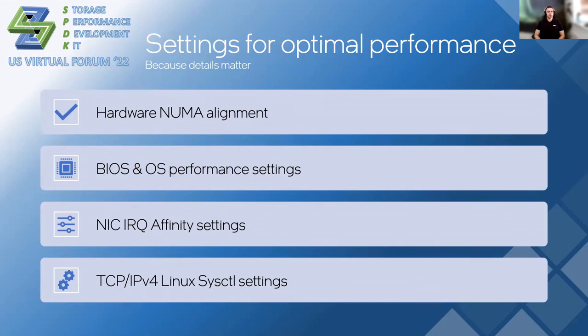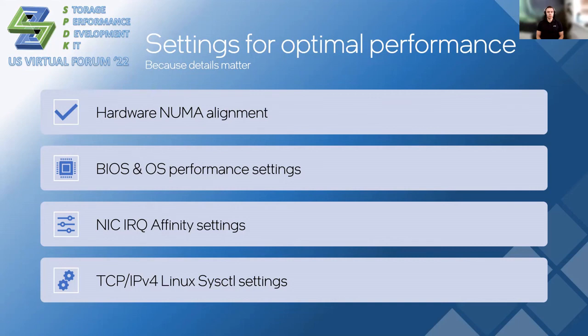Now, for each of the tested storage types, we apply settings for optimal performance. Typically, for each tested storage, we apply a set of configurations and best practices to improve the overall performance a bit more.